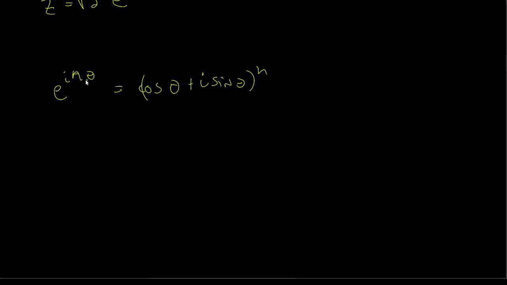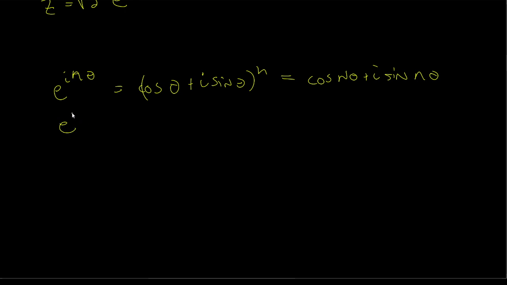Well, if we look at this n theta, that's going to be equivalent to cosine n theta plus i sine n theta. So taking powers of complex numbers in polar form goes much more quickly than taking the powers of the binomial.